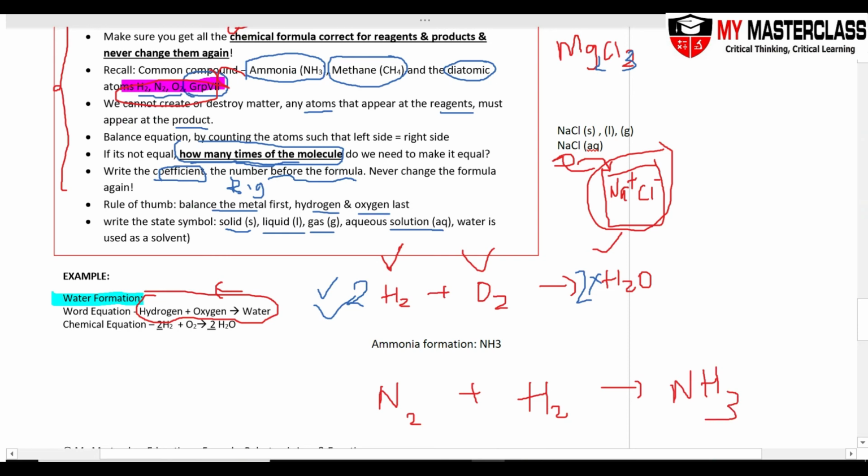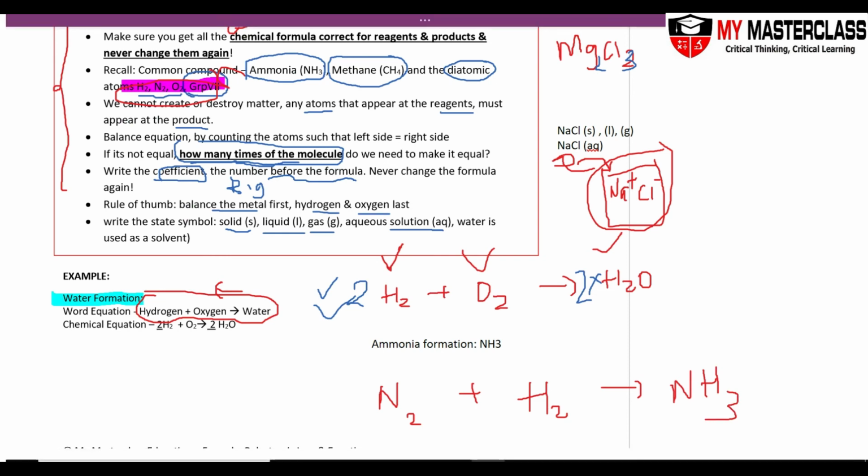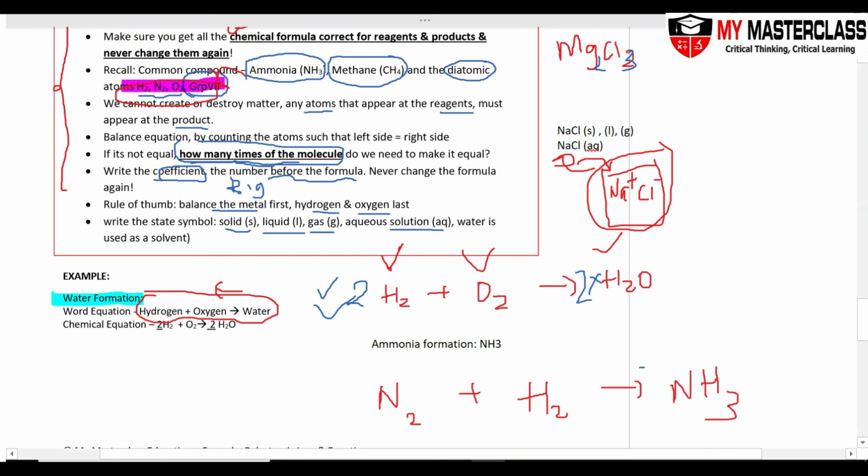So there's 2 nitrogen, so I will put a big 2 in front of the ammonia. If you put a big 2, there are 2 molecules of NH3, and in total there will be 6 hydrogen atoms. So put a 3 in front of your H2. And this will be your final balanced equation.